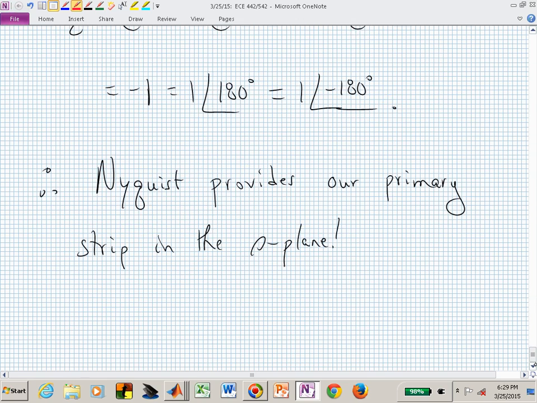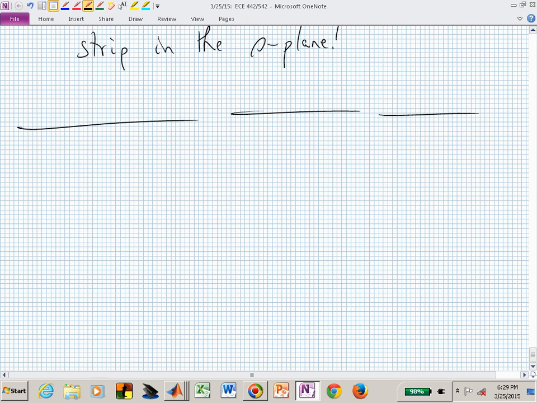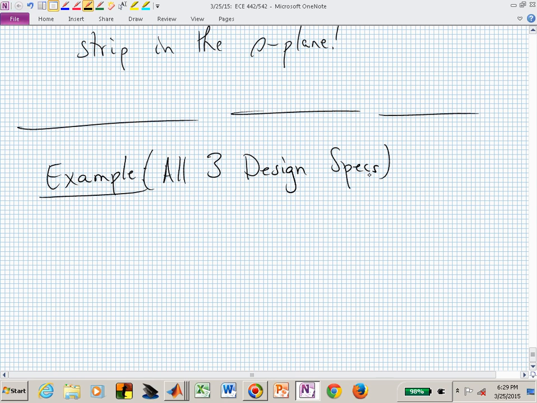Let's now return, in the time that we have remaining, to this potential situation where we have all three design specs and they may not be consistent, and see if we can figure out what we can do in that particular scenario.